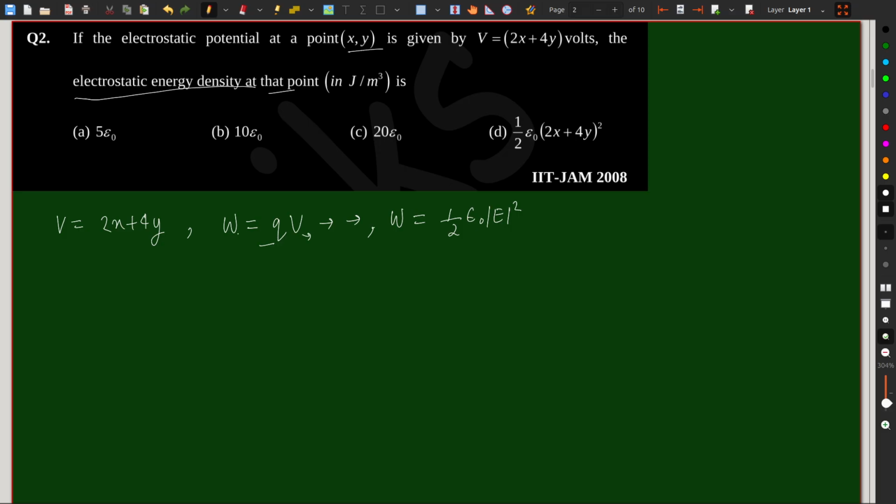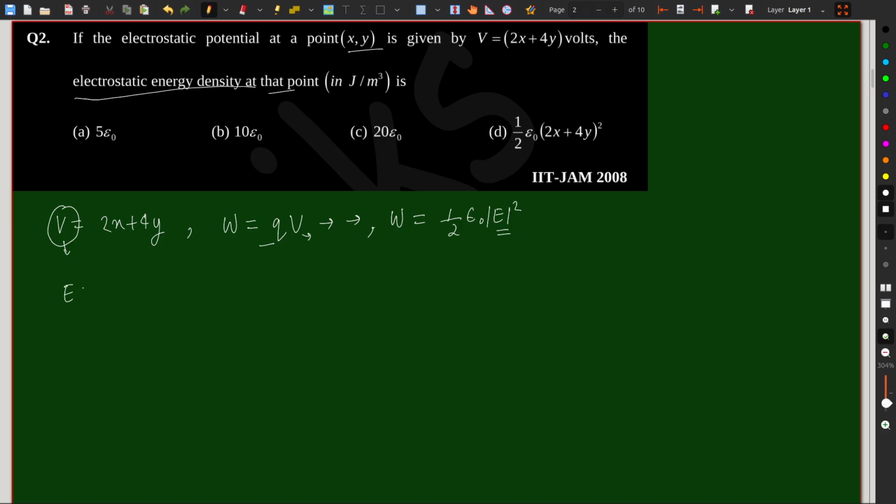Because the potential is given as a function, and this formula is not of that form, first we will calculate the electric field from this potential function.